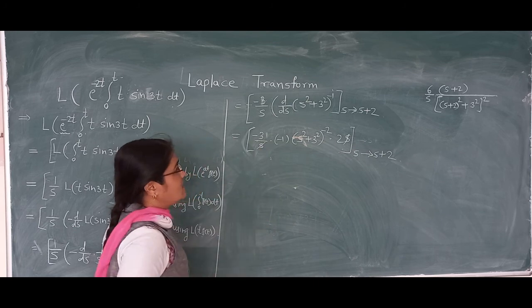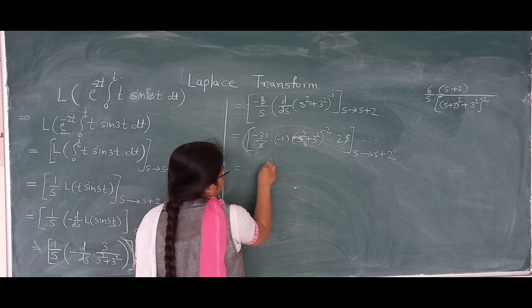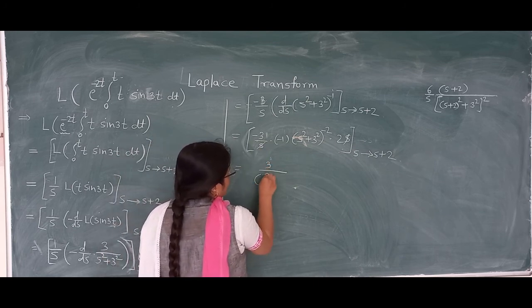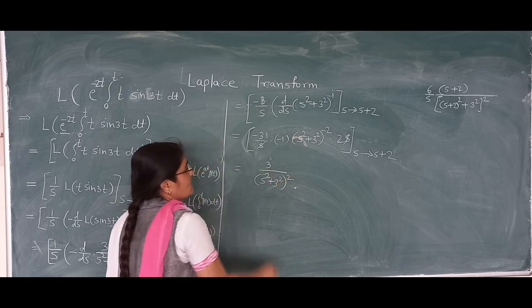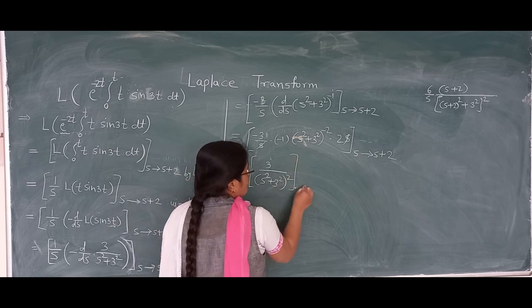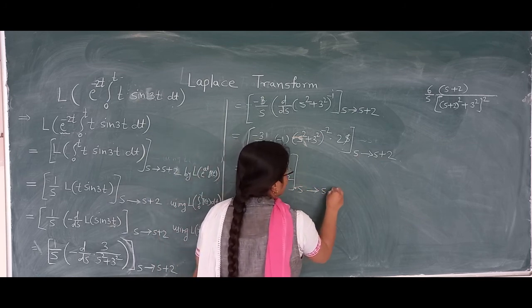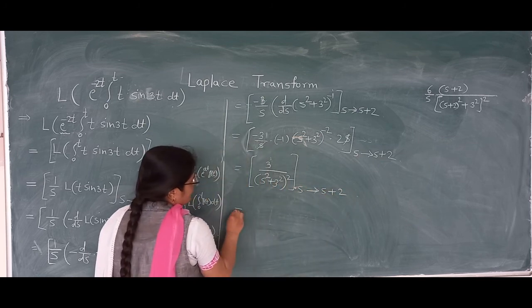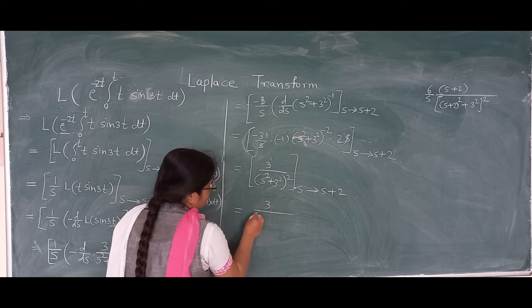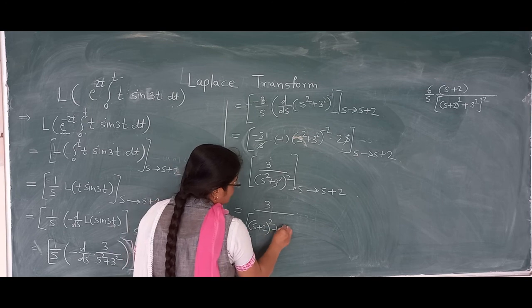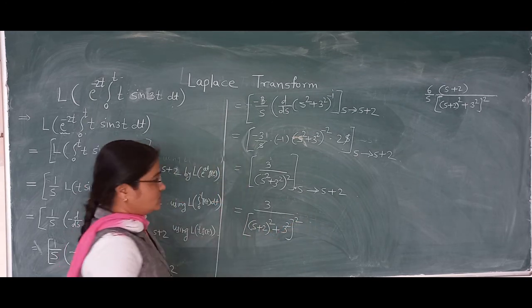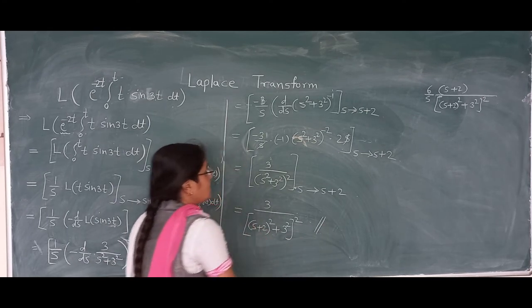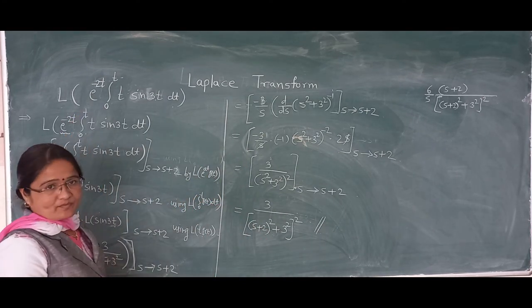The s's get cancelled and the answer is 3 upon (s square plus 3 square) whole square, where s is shifted by s plus 2, and therefore the answer is 3 upon ((s plus 2) whole square plus 3 square) square. Now this is the answer for this question.